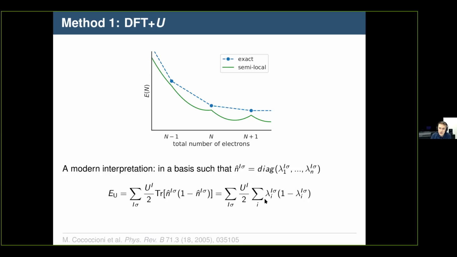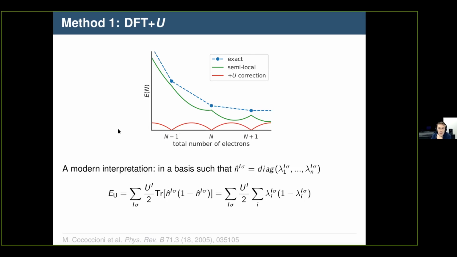And so this is a term that vanishes wherever the occupations are 0 and 1. And so if I plot this on this axis here, you get this red curve. And so we can see that if I'm going to add this red curve to the green curve, I'm going to get something that's close to being piecewise linear, which is what we desire.